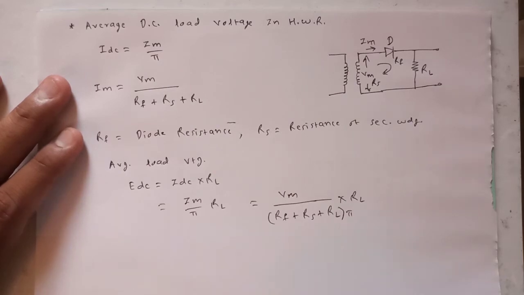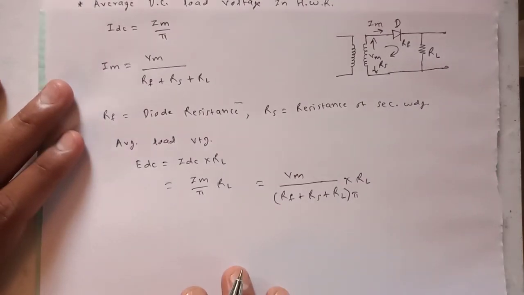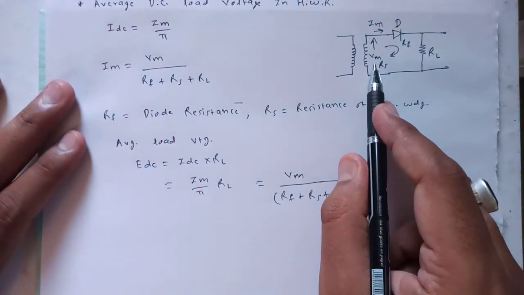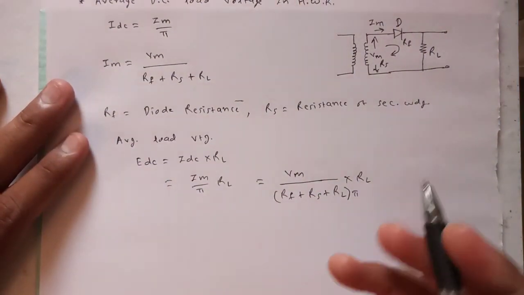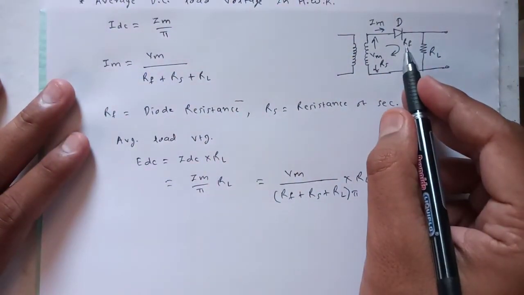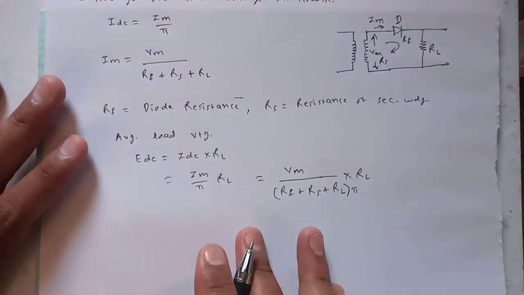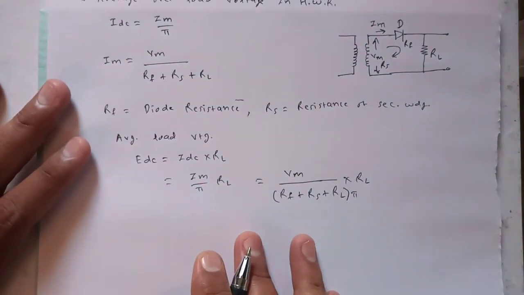Now another thing is that normally the resistance of this winding and this resistance is very small, because Rf is the forward diode resistance, and when the diode conducts, we normally say it is acting as a closed switch.